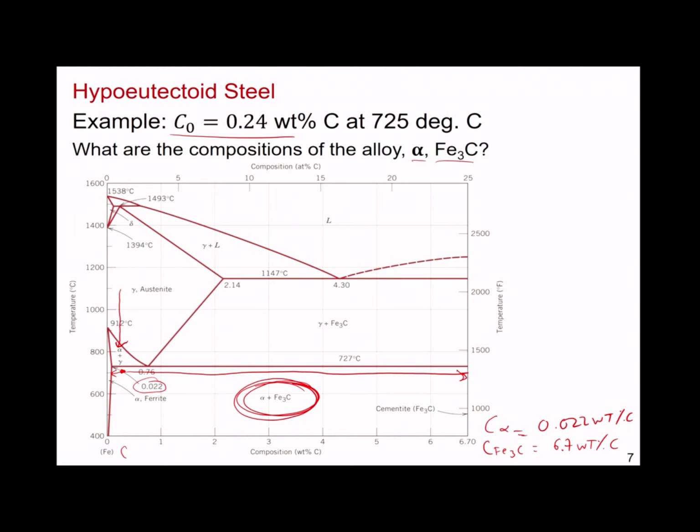And so we can apply the lever rule again, but in a limited space. Okay, so we can apply the rule again, but in this region right here, right before you go below the eutectoid temperature. And so if we do that, our limits are going to be the solvus and another solvus, not the liquidus line.